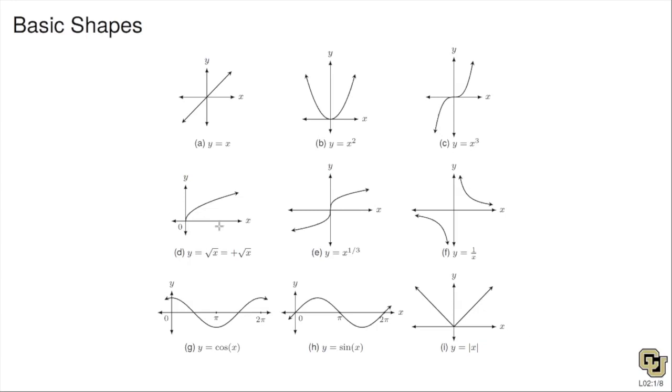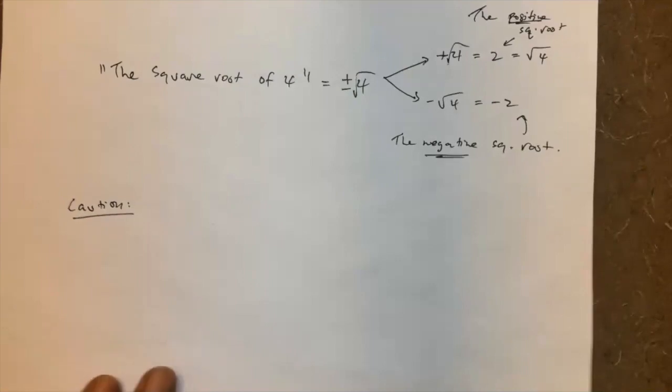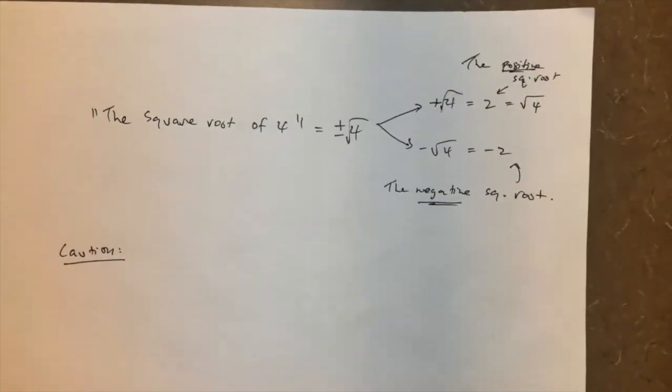So let me talk about the square root function. Let me switch over to the document camera, and let me explain my issue with a little bit of imprecision in the language that can cause confusion. In general, when we talk about the square root of a number, we're referring to both roots.